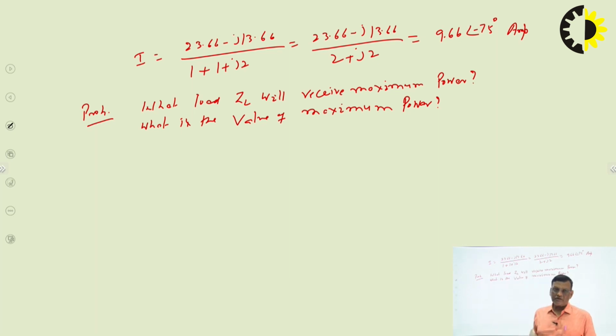So, this problem also can be solved using Millman's theorem. The circuit is like this.